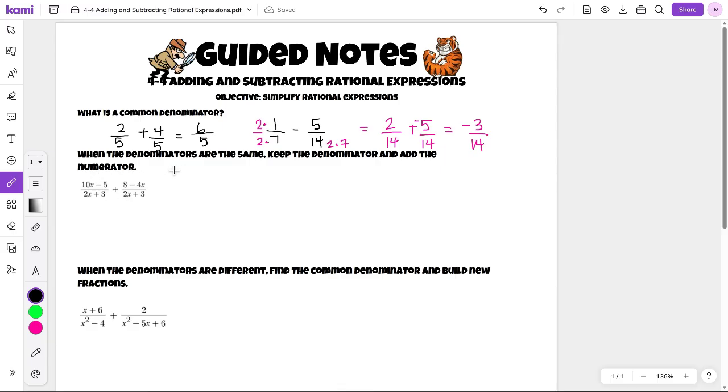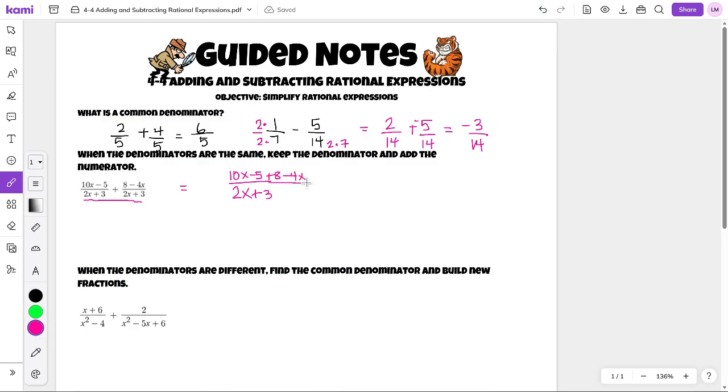So when my denominators are the same, I'm going to keep the denominator. I look at this, my denominators are the same, so I will keep that denominator, and then I'm going to add the numerator. So 10x minus 5 plus 8 minus 4x. That's all on the top. Let's make that 4x.